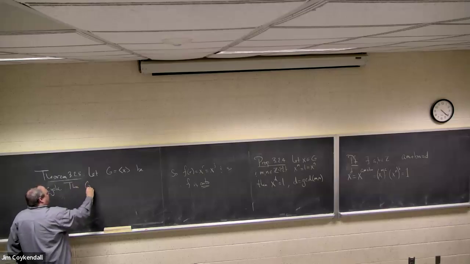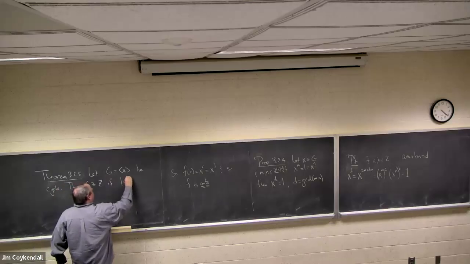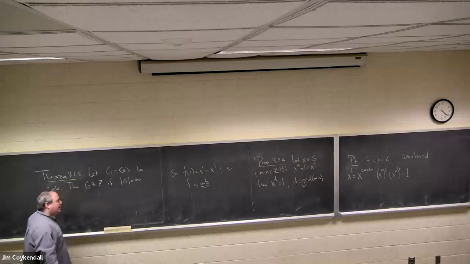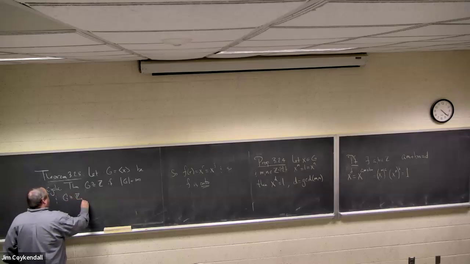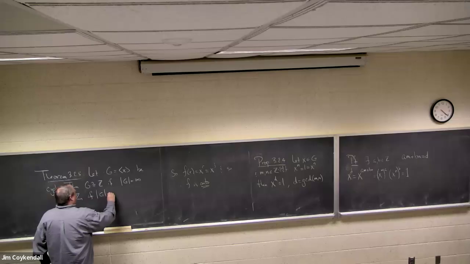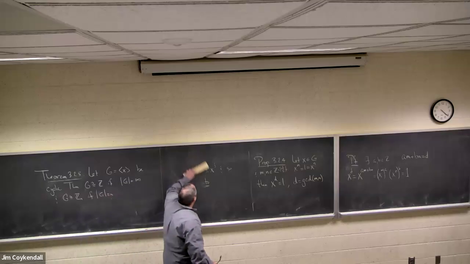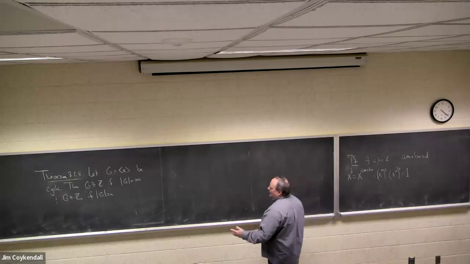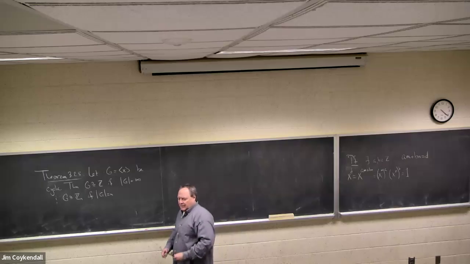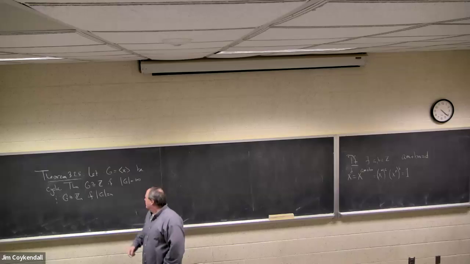Then G is isomorphic to Z if the order of G is infinite, and G is isomorphic to Zn if the order of G is n. So this puts the family of cyclic groups into two nice little neat packages. Number one, the infinite ones, all of them isomorphic to Z. I don't care, any cyclic group that's infinite is isomorphic to Z. And if it's not infinite, then it's got a finite order n, and it's isomorphic to Zn. So there's a cyclic group for every n.